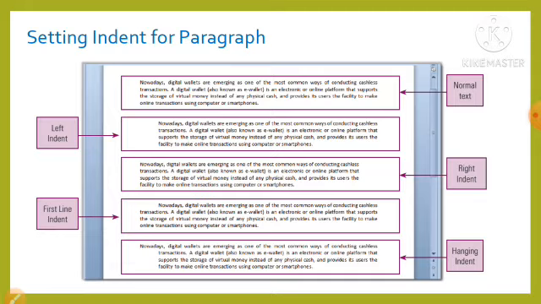Left specifies the left indent, right specifies the right indent, first line indentation specifies the first line indent, and hanging indent keeps the text a little inward from the first text line. Here is the figure that shows the right, left, first line, and hanging indentation.